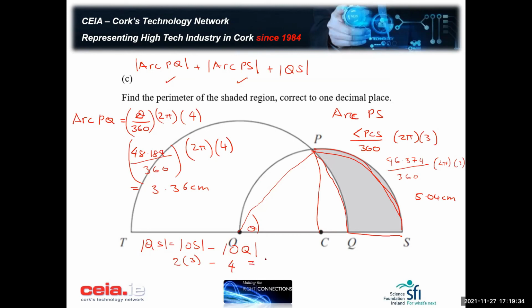So that's 4. So therefore that's 3 times 2, which is 6 minus 4, which is 2. So therefore we have that guy. So we have 3.36 for arc PQ, 5.04 for arc PS, and 2 for the straight line QS. So add them all up together, and we have the grand total of 10.4 centimeters.